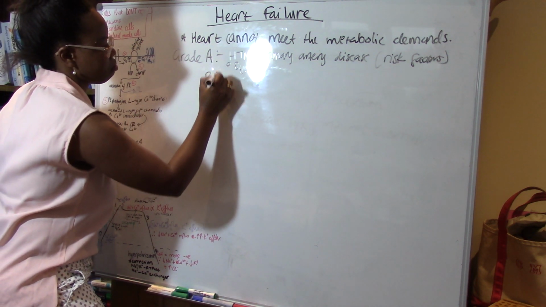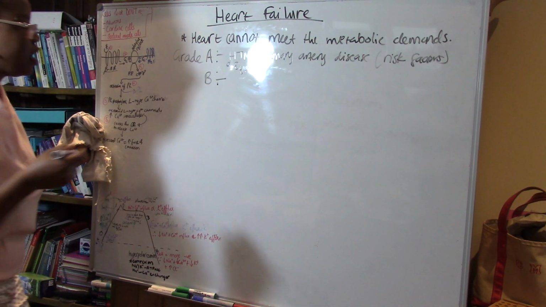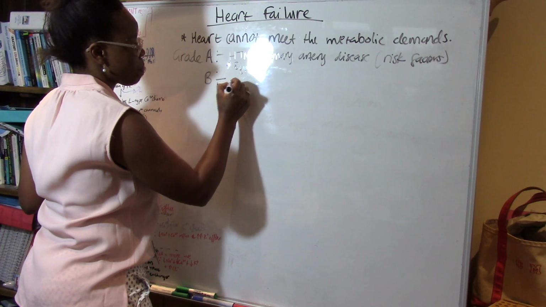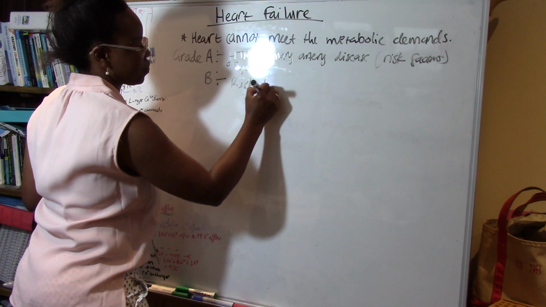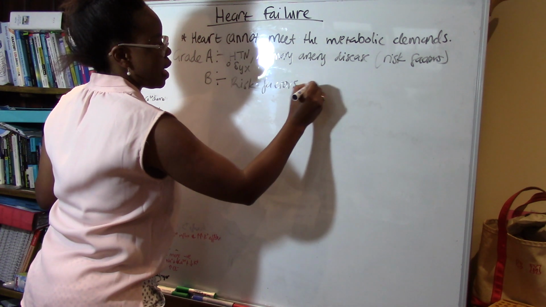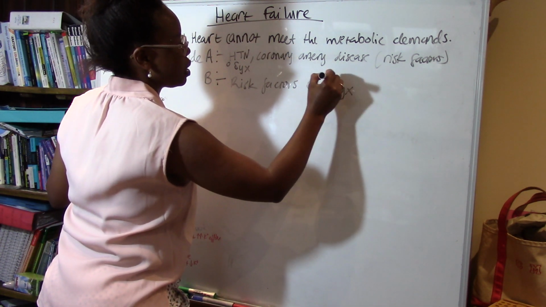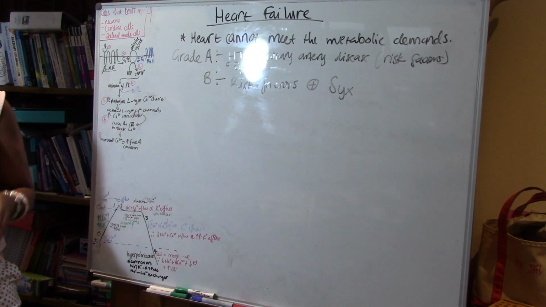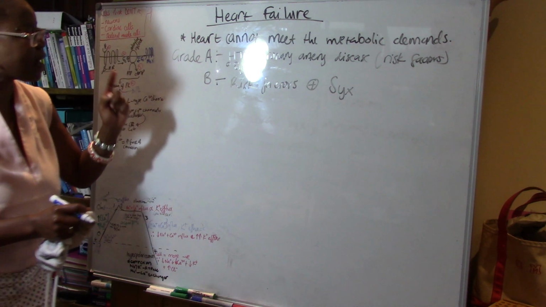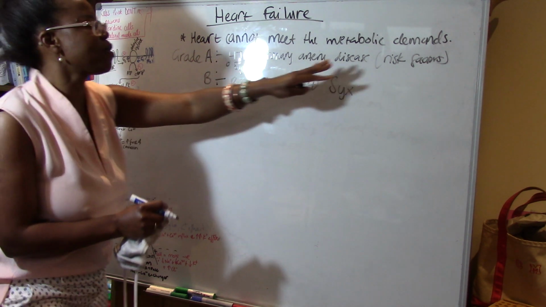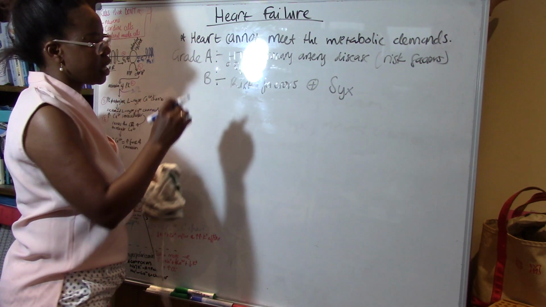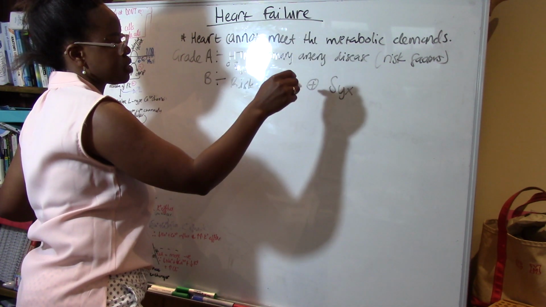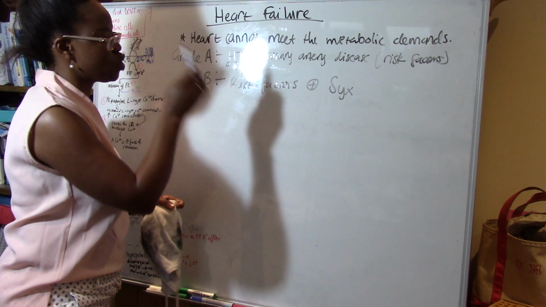And then stage B are the people who already have risk factors as well, and they have developed diseases arising from the risk factors, but they haven't really shown symptoms of a failing heart.